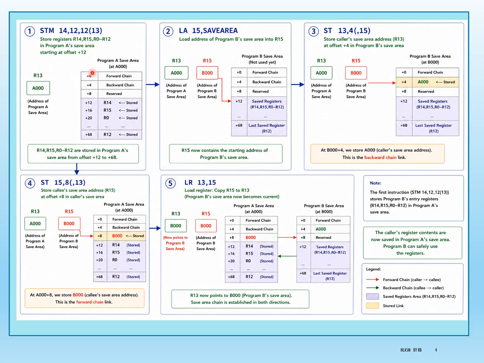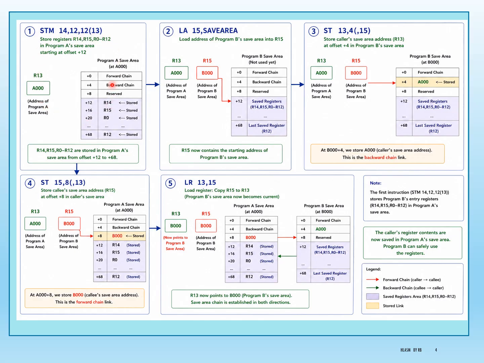You know this convention, right? 12 comma 13 means register 13 plus 12. 12 is your displacement and 13 is the register. In register 13 the starting is A000, so 12 comma 13 is A000 plus 12, that means A012. So you are taking the data of program A registers and saving that data in the save area starting from byte 12 onwards. Why not 048? We will see it in a minute.